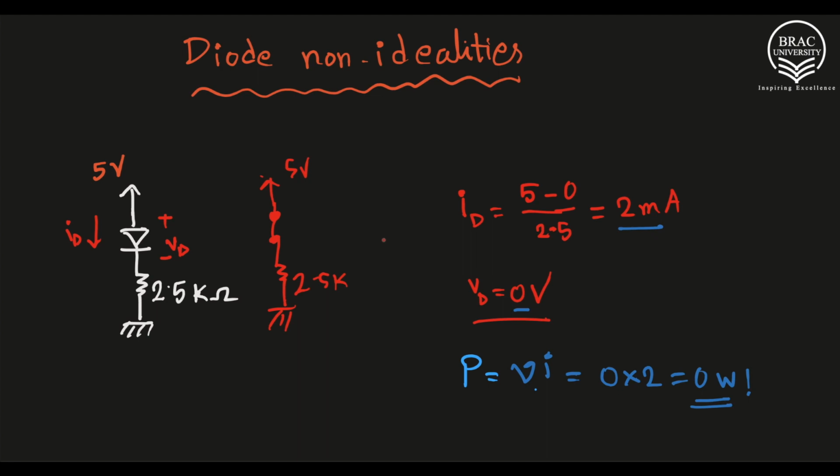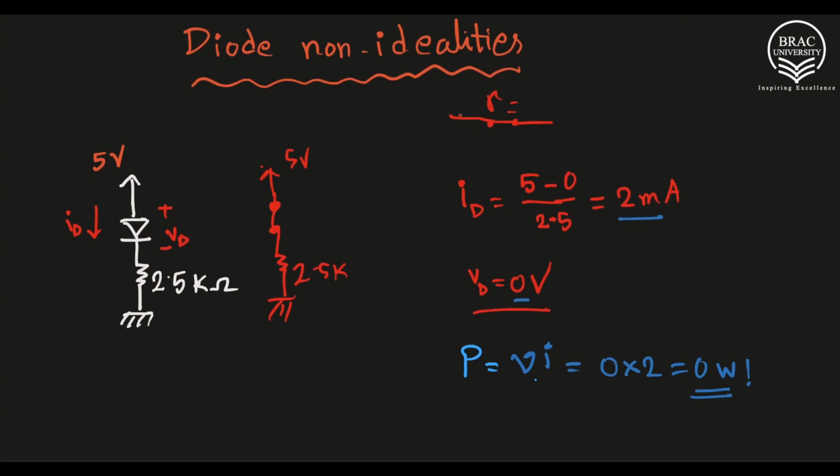This is also not possible in real life, because even a pure conductive wire, for example copper or gold, has some resistance, right? Some very small resistance. So we have to take these two factors into account. Let's see how we can do that.